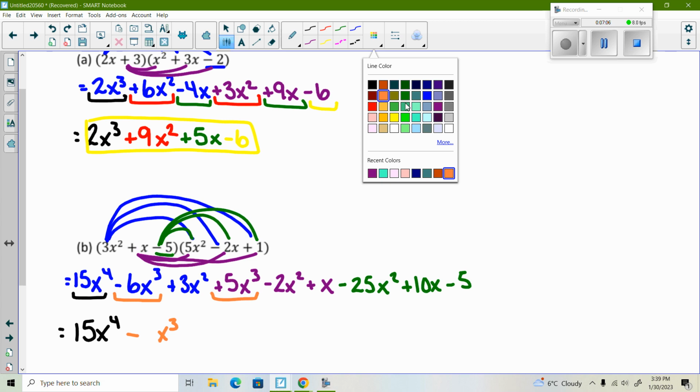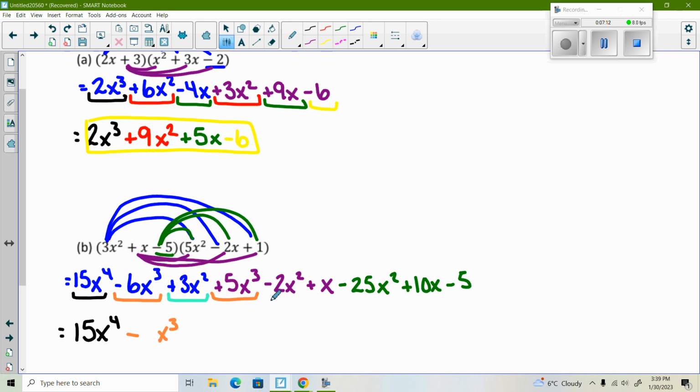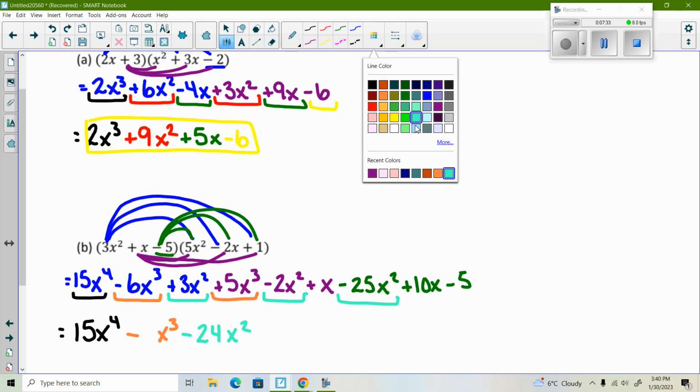Okay, now I need to put together my x squareds. I have a 3x squared, a negative 2x squared, and a negative 25x squared. So let's try to put those together. I have a 3 minus 2, which is 1, minus 25. So that's a negative 24, and then x squared. Okay, perfect.